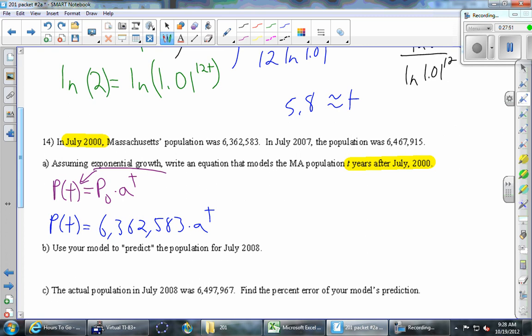And we still need to find the a, the base. Do you guys remember how we use that other data point? What are we plugging in for t? Yeah, t is 7 because 2007 is 7 years later. And what's the left-hand side? It's the other big number, 6,400,000. Okay, so let's plug those things in.